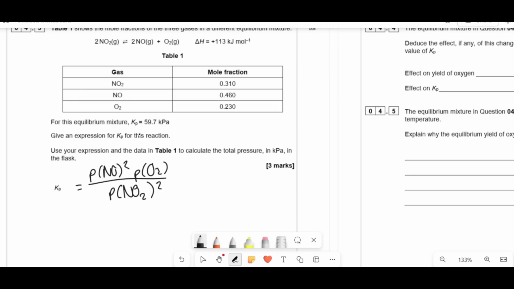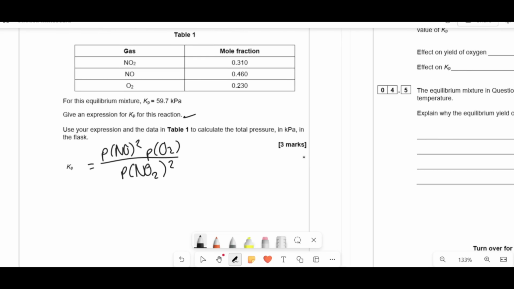Now we've got that first bit done. Now it's saying use your expression and this data to work out the total pressure. So we're kind of stuck because you're like, dang, I don't know how to do this. Well, let's have a quick gander at what we've got. We've got Kp and we've got all of this here. If we look at the table, they've given us mole fractions. So remember that the partial pressure of something is its mole fraction times the total pressure.